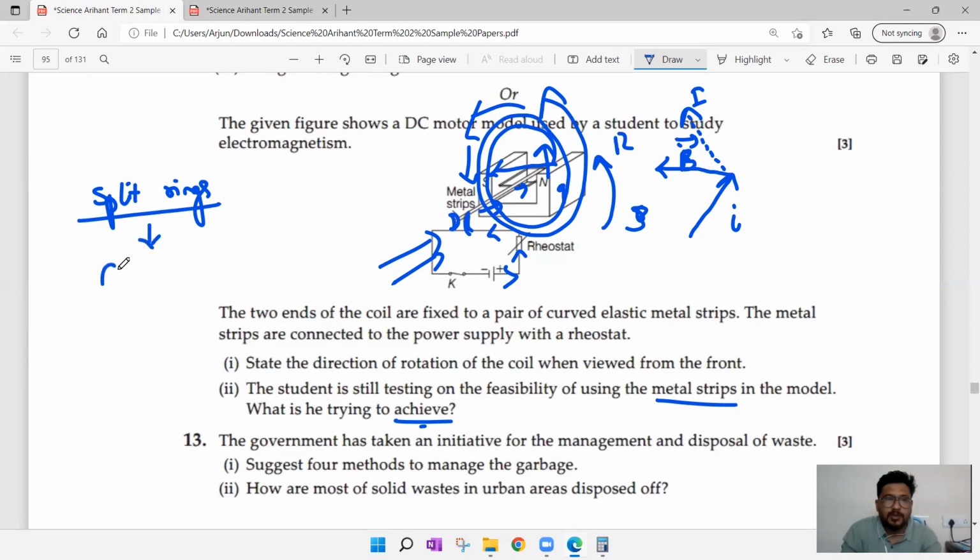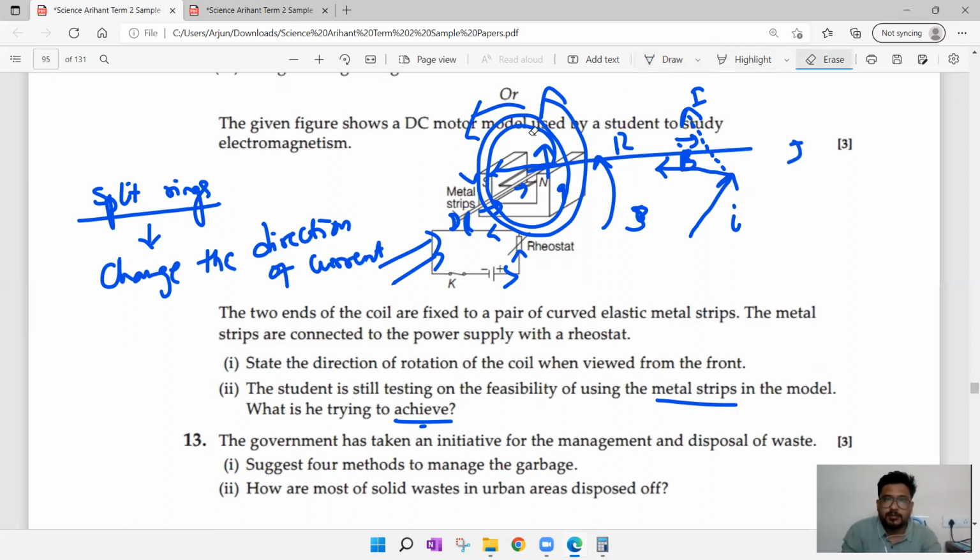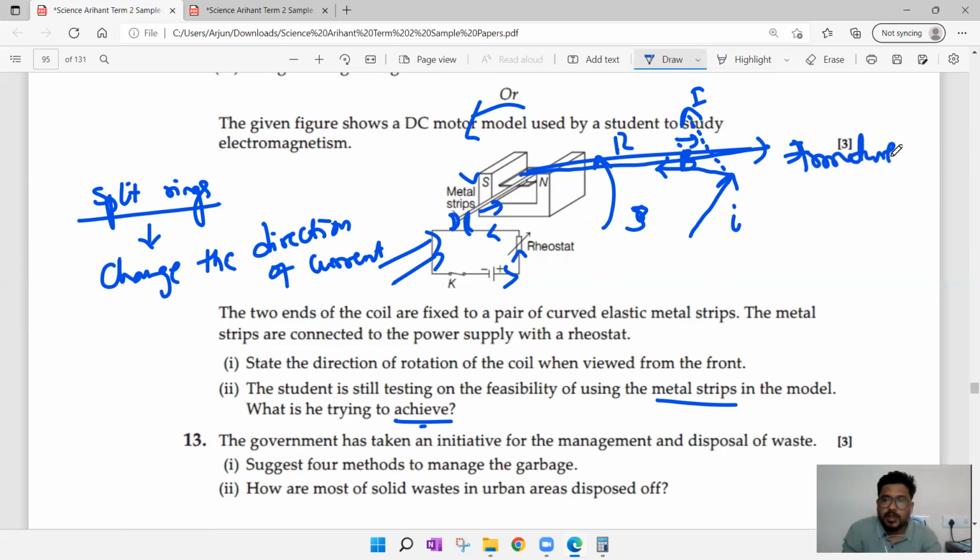Split rings are used to change the direction of current in the armature. This rectangular coil is the armature. Because of the metallic strips, because of the split rings, there will be continuous rotation in the same direction.